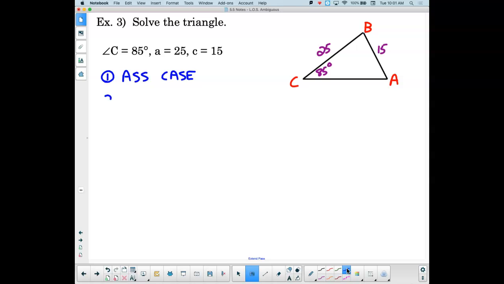Opposite and adjacent. Which way? Which one's bigger? Jason is bigger. So that means we got to do some more checking.